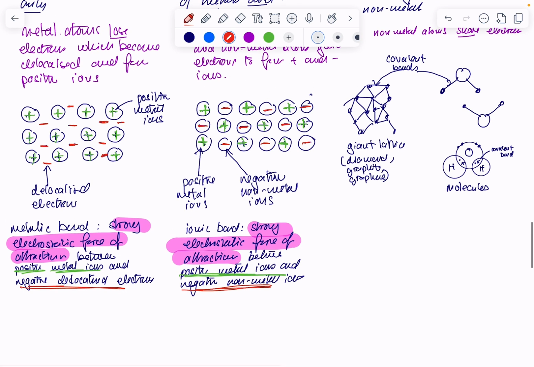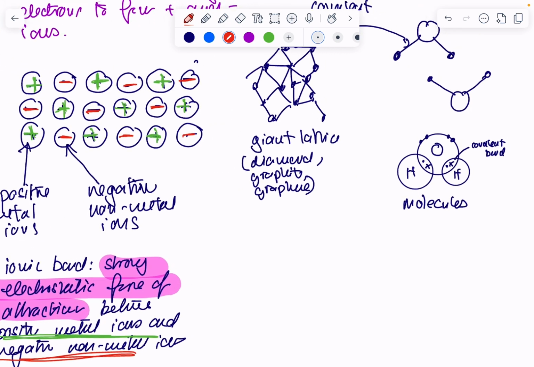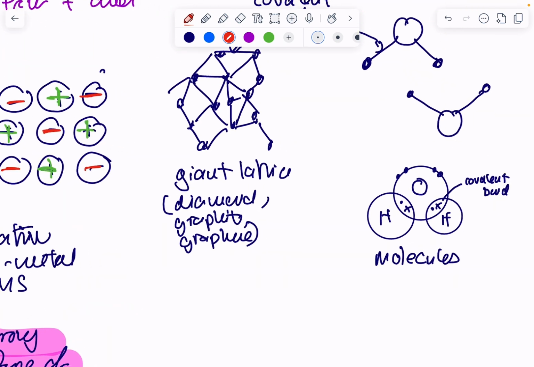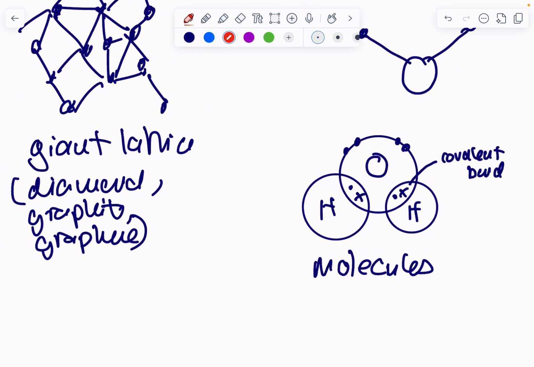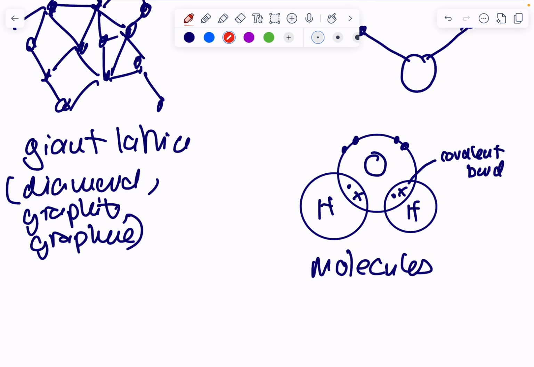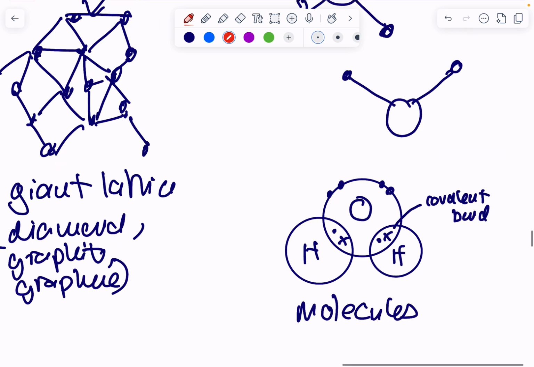All right. So, covalent bonding is a little bit more tricky to see here. The covalent bond I've indicated, but it is not obvious from this diagram what is the positive and what is the negative. One thing we know for sure is that electrons are negatively charged. What is positively charged here?